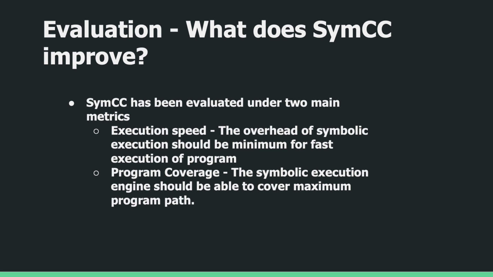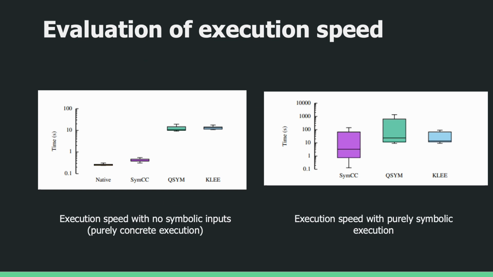So let us first focus on evaluating execution speed. There are two kinds of experiments mentioned in the paper to judge the execution speed of SymCC. The first one is when the program under test, or the PUT, is performing purely concrete execution. What this means is that there are no symbolic inputs to the program.